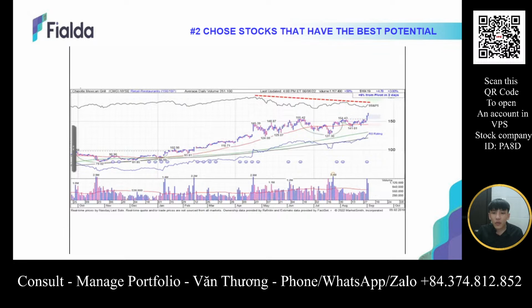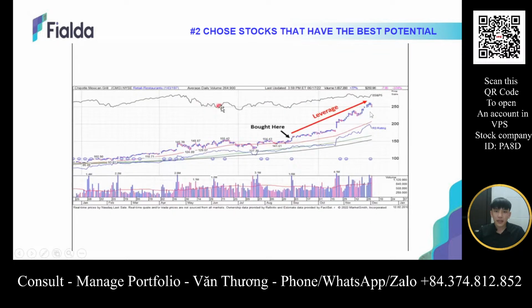Okay, so when the supply doesn't come to the market anymore, with a little bit of demand, the stock can move up very, very quickly. Okay, you look at the leverage. So from 150 to over 250. That's the big return in just 1 to 3 months. Okay, that's the little stock.